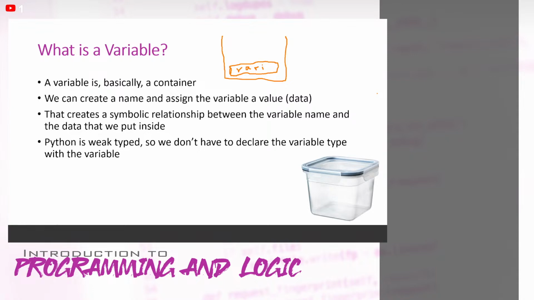Right, and then this name on this container basically gives me a named spot in memory. So this reserves a little section of my computer memory, gives it a name, and allows me to put data in there, and whatever data I put into there is then associated with the name that's on the container.